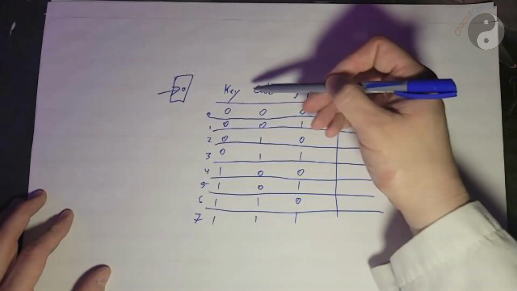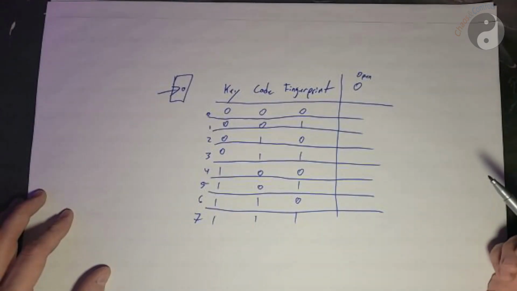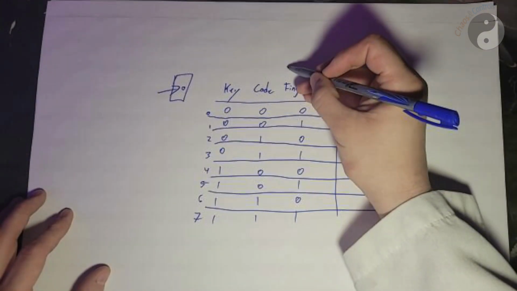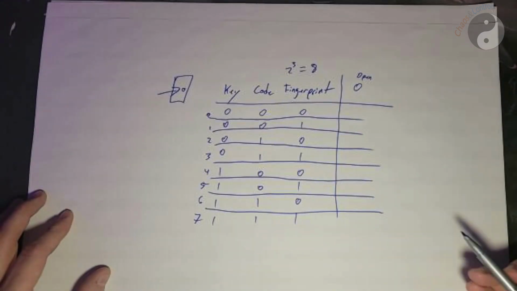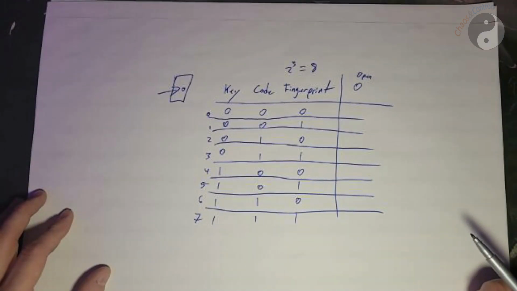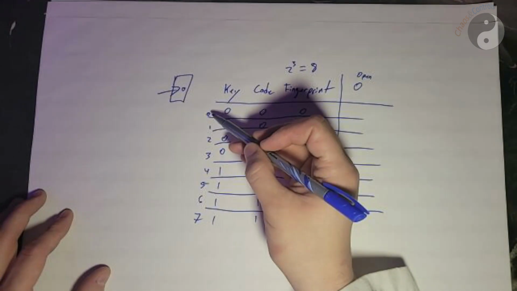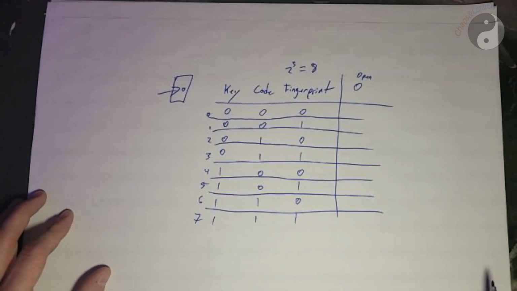I have 3 inputs, and so 2 to the 3 is equal to 8 combinations, but we have to do something to make it easier for the computer, so we start counting at 0. 0 to 7 is 8 possible combinations.